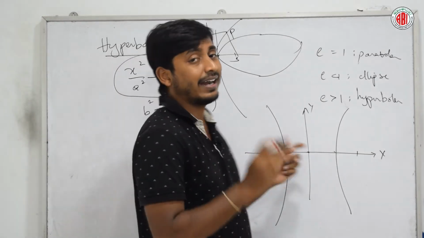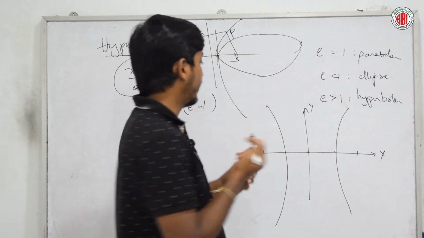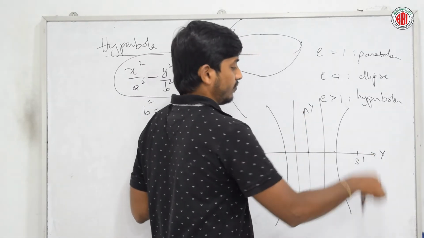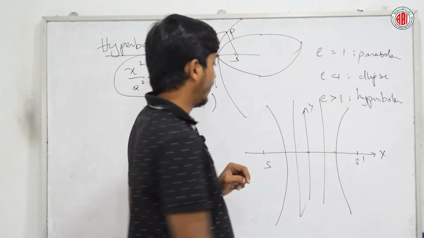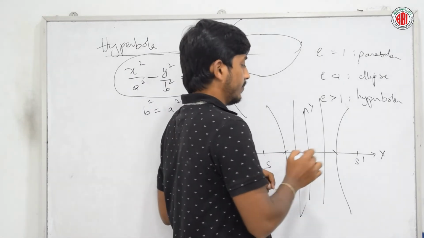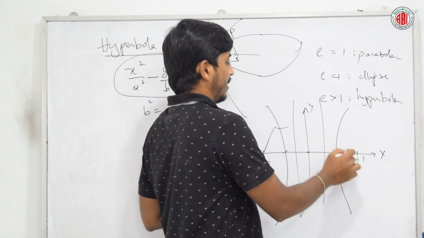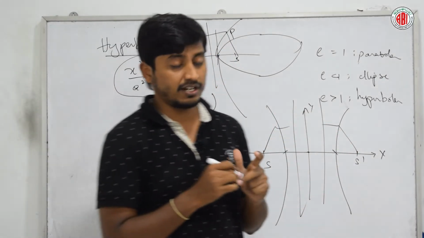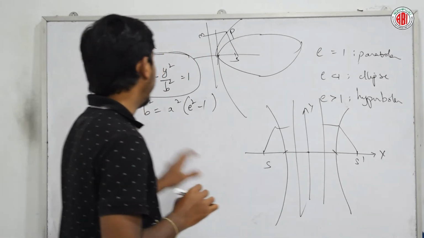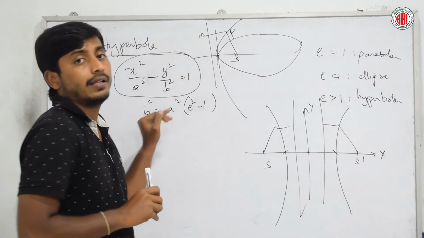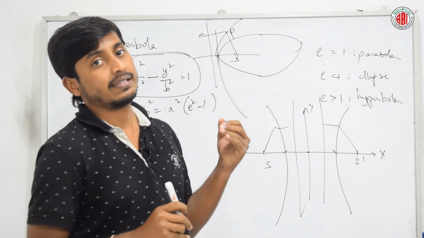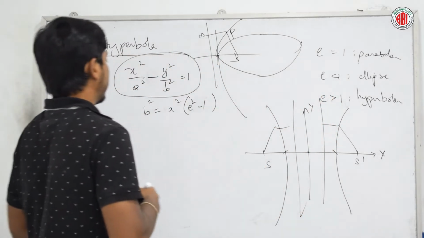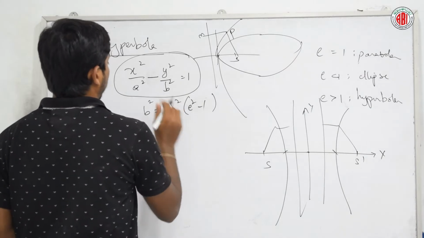Whatever we had for our ellipse, the same applies: directrices, two foci, their vertices, and SP by PM, everything is the same, nothing extra. But the main thing here is the value of eccentricity. If you want, you can solve it here.